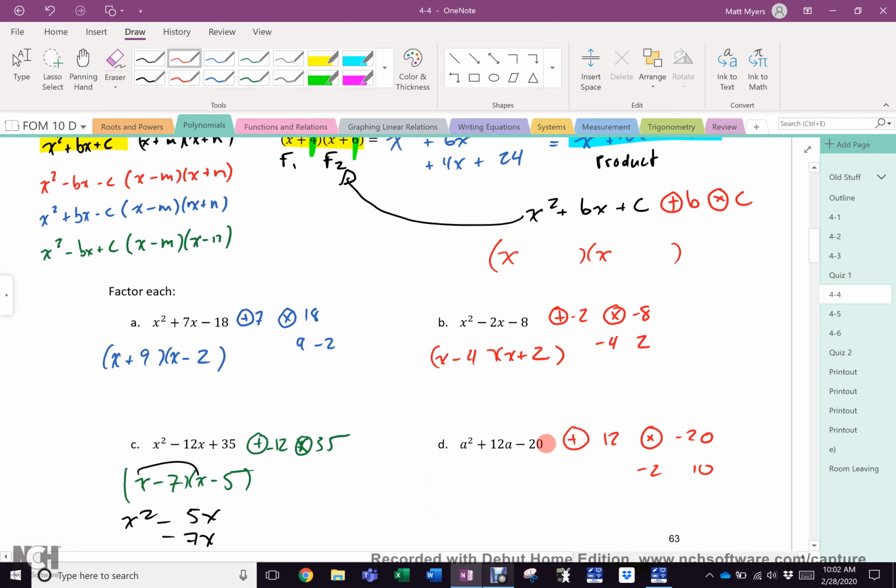This is done. You cannot factor it. So all you do is you tell me it doesn't factor. Now, what if you leave it blank? Does that show me you know anything? No, you have to give me an answer. If it doesn't factor, you say doesn't factor.